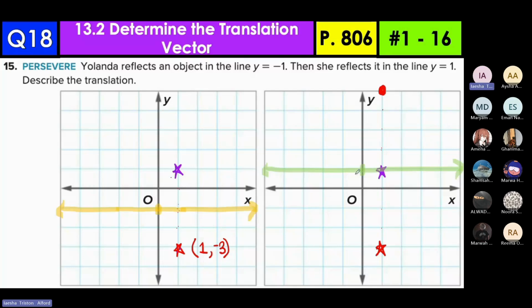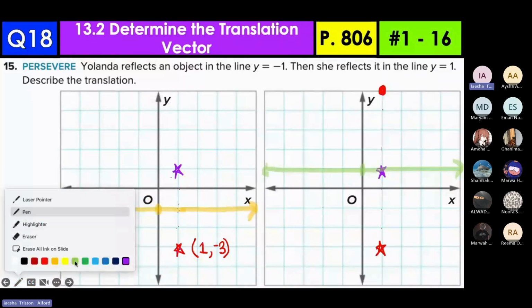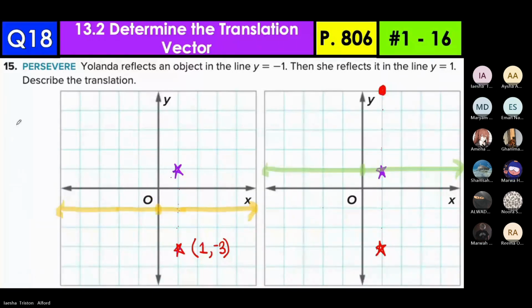So how did we get there? From the purple star to the red circle. What are we doing? 4 up? Yeah, did we go left or right? No. So our vector is what?